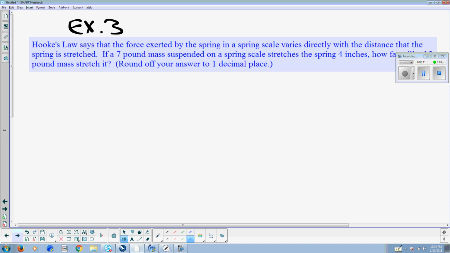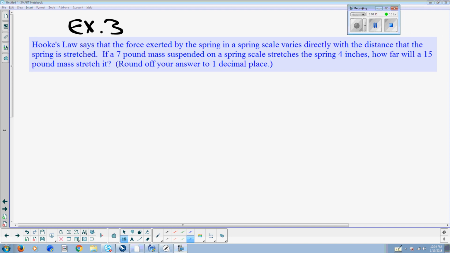Okay, this one is written about Hooke's law. Hooke's law says that the force exerted by the spring in a spring scale varies directly with the distance that the spring is stretched. I'm going to stop there because that just described a formula.